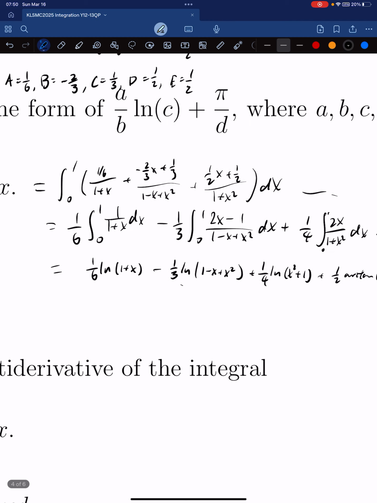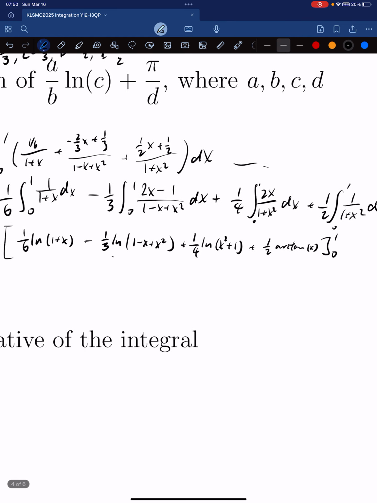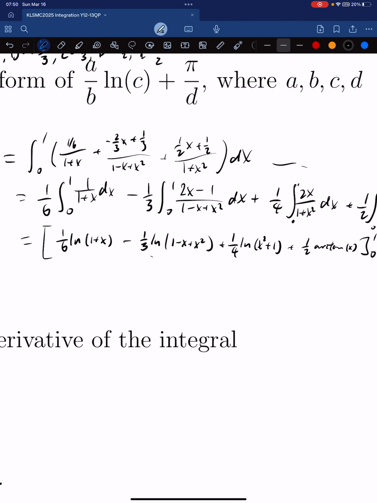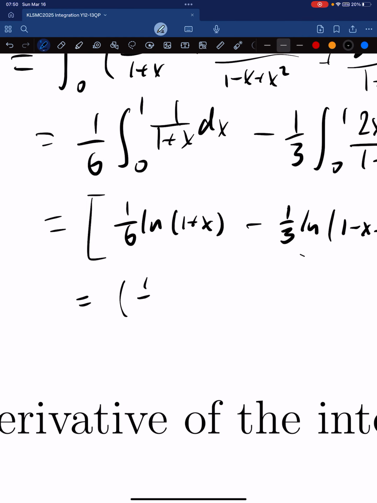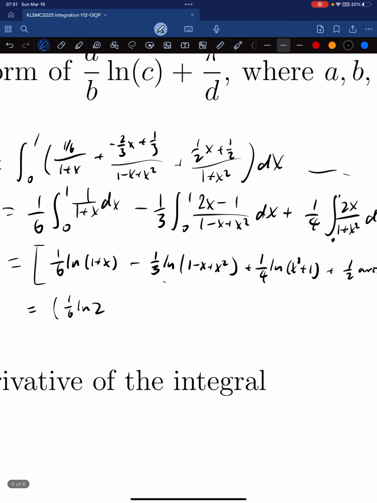Right, so this is how we integrate this, applying our boundaries from 0 to 1. This becomes 1 over 6 ln 2. 1 minus 1 plus 1 is 1. Ln of 1 is 0, so that term is gone.